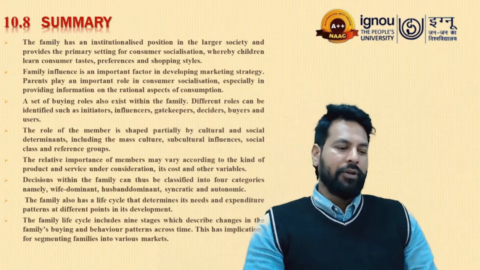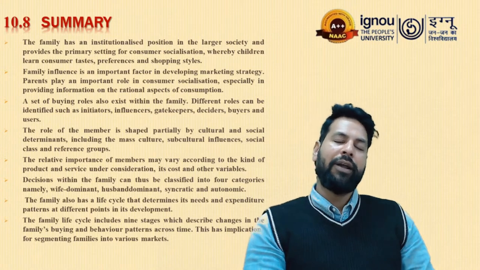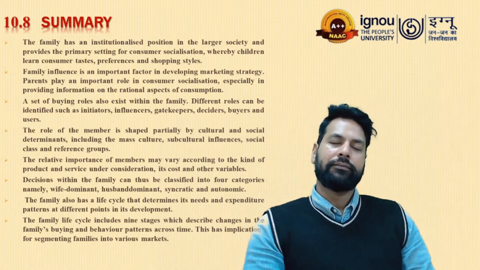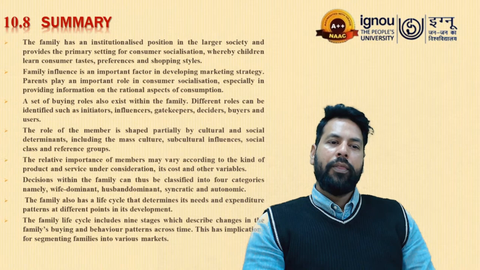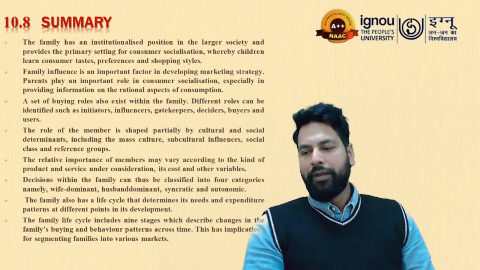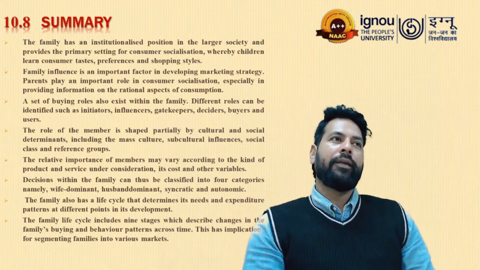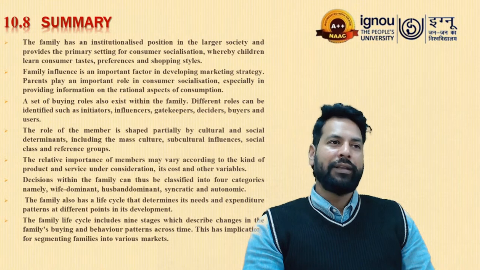We spoke about the 5 roles played by one member or different members in a family. And all these things are being watched and monitored by marketeers because they understand that these are the things which influence an individual.